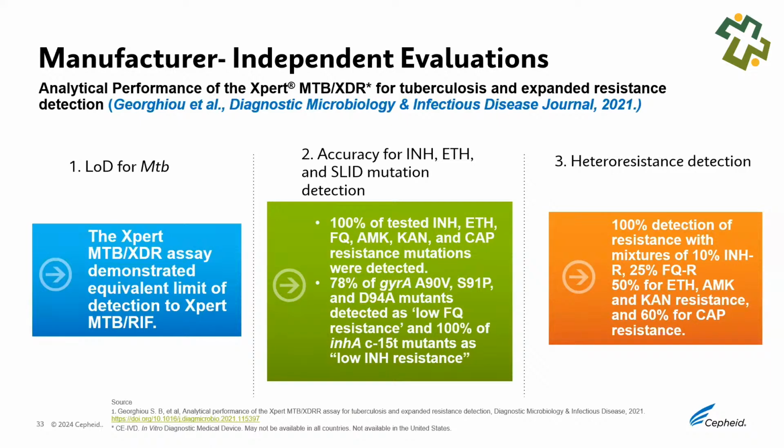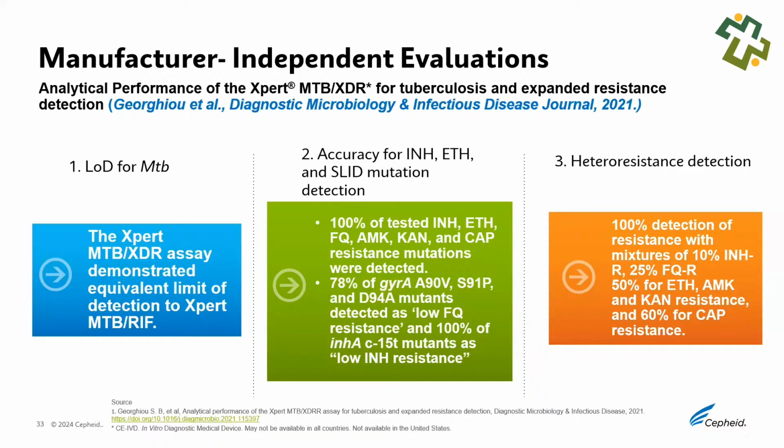There are evaluations that are being conducted, and that's how we regularly check the accuracy and the performance of the test. These independent evaluations show that Xpert MTB XDR, particularly, reliably detects key resistance mutations, including the fluoroquinolones, and ethambutol, isoniazid, and second line injectables, with strong performance even in heteroresistant samples.